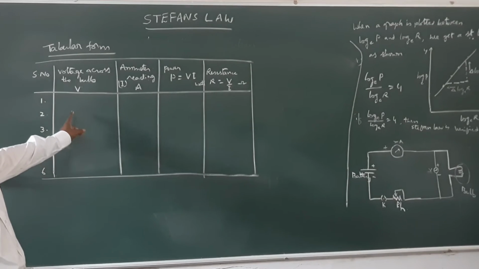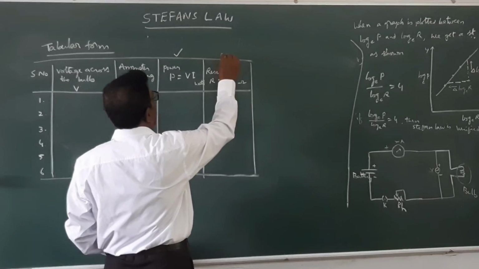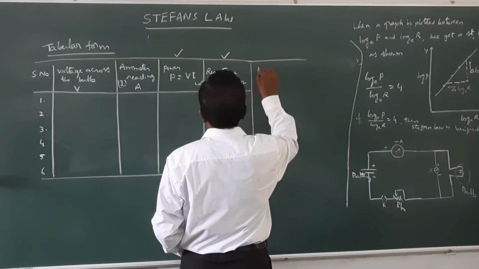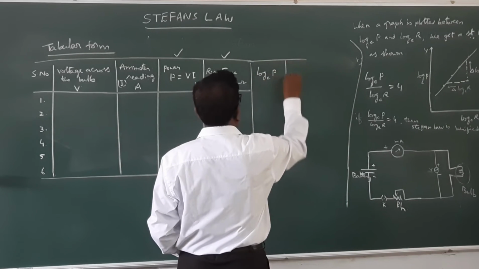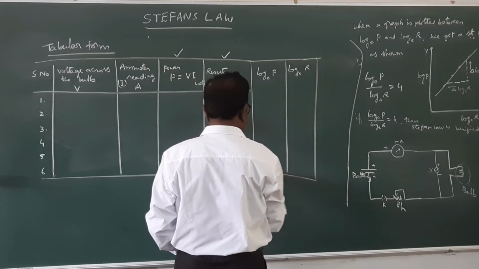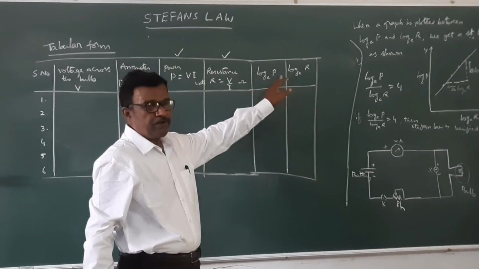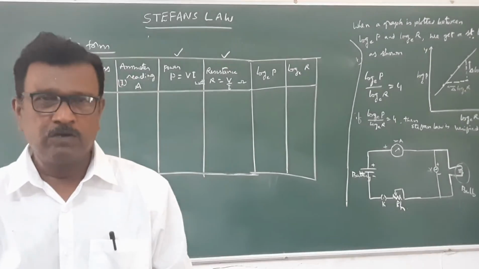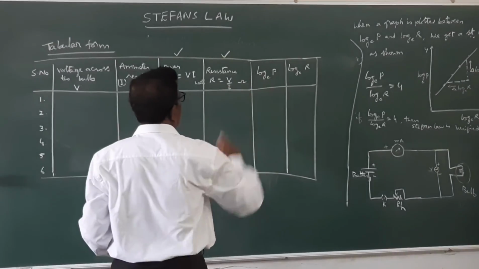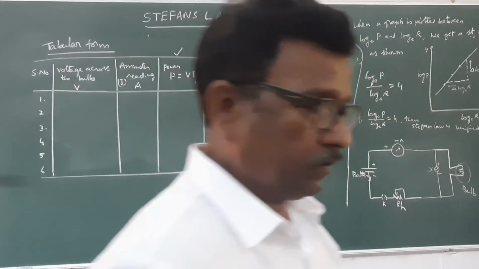The readings have to be tabulated, and then we have to plot a graph between power and resistance, and you can extend this to log P and log R. You are going to plot the graph between log P and log R values, so you have to convert P and R into logarithmic values. For those values, you have to plot a graph.